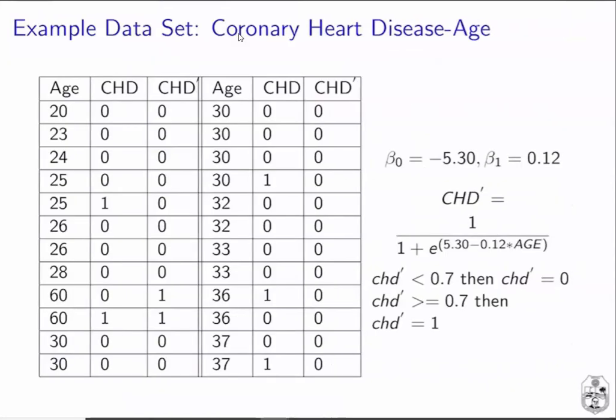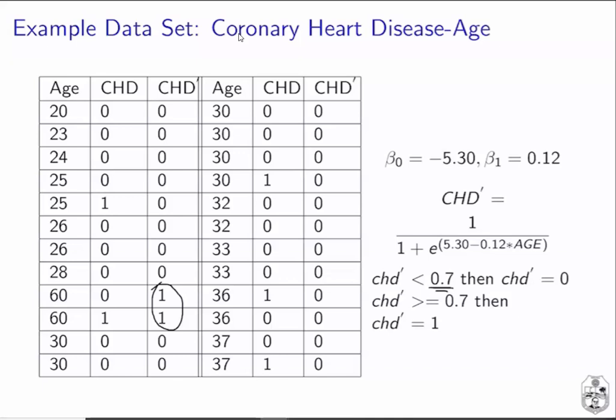Now let us change the critical value again to 0.7. With 0.7, entries with age greater than 50 will be assigned coronary heart disease label 1, and there are only two such entries, and all the rest of the entries are 0.